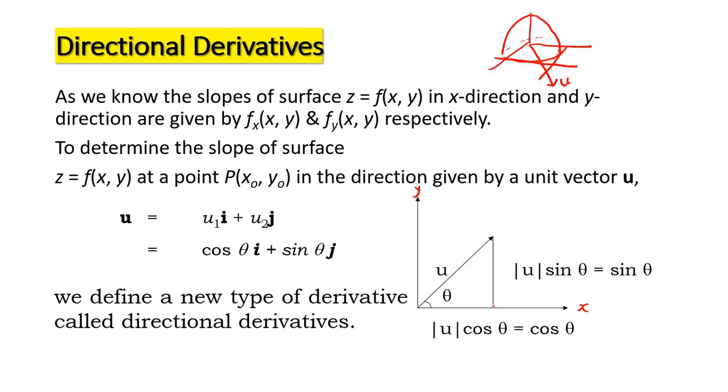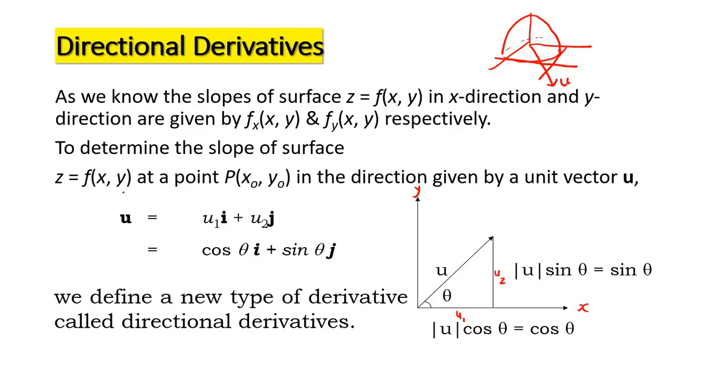The adjacent length will be the magnitude of u times cos theta, which is equal to cos theta. So u1 is cos theta, and u2 is sin theta, so u is cos theta i plus sin theta j.